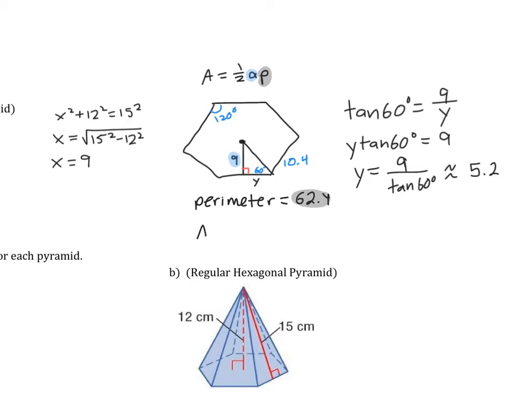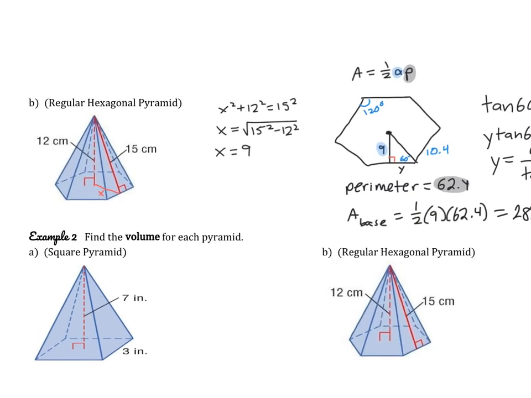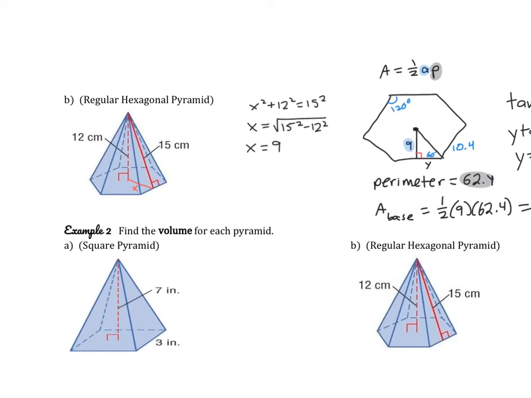So the area of the base, which is that hexagon, is going to be 1/2 times 9 times 62.4, which is 280.8.